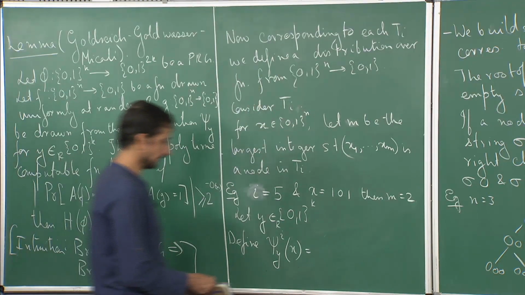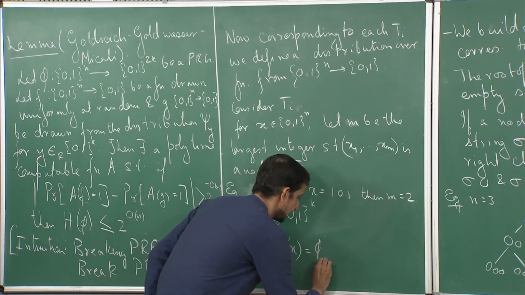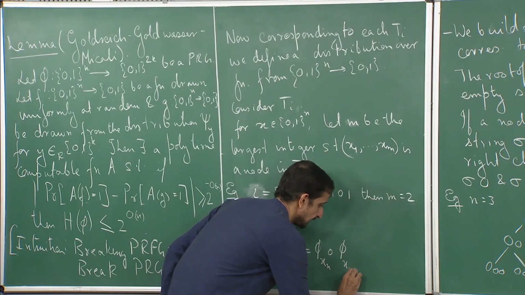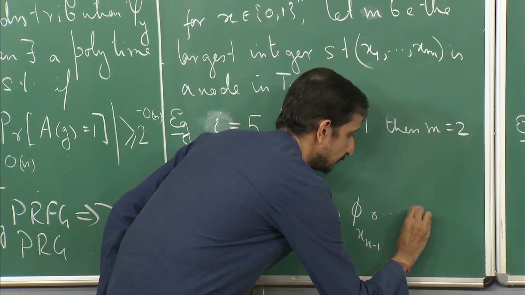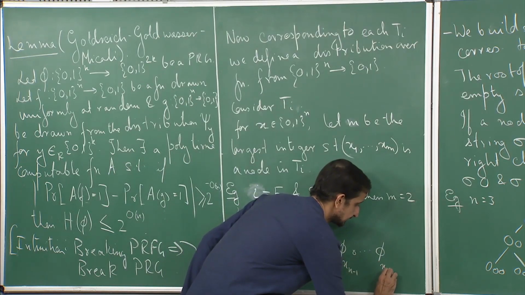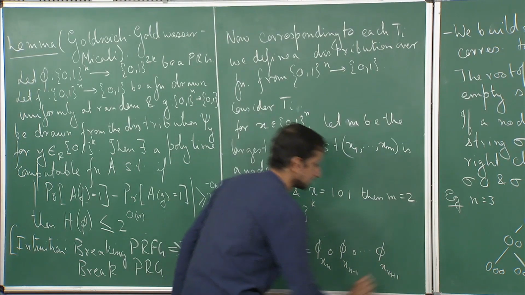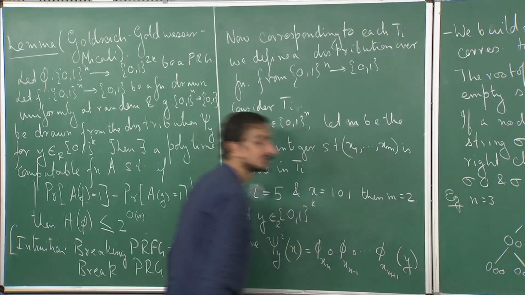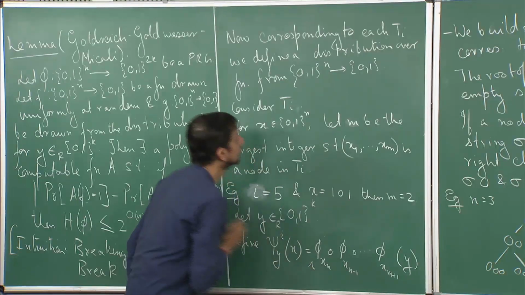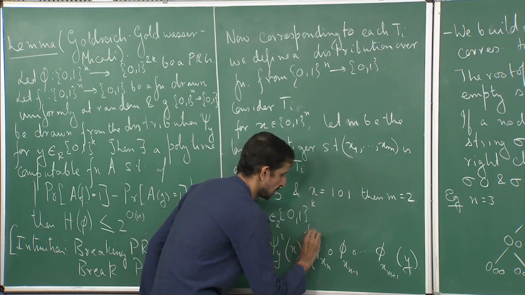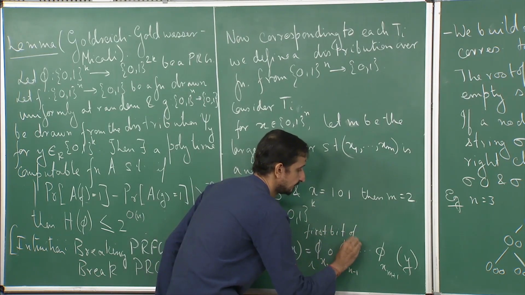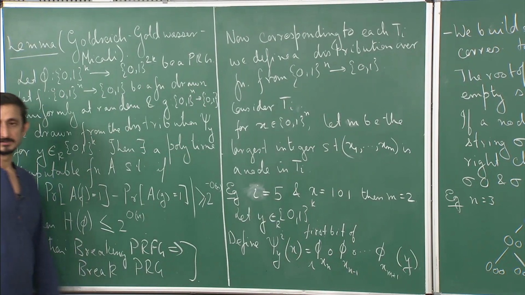Okay, so essentially this will be phi_xn composed with phi_xn minus 1, up to phi_x(m plus 1) of y, and of course I take the first bit of this.